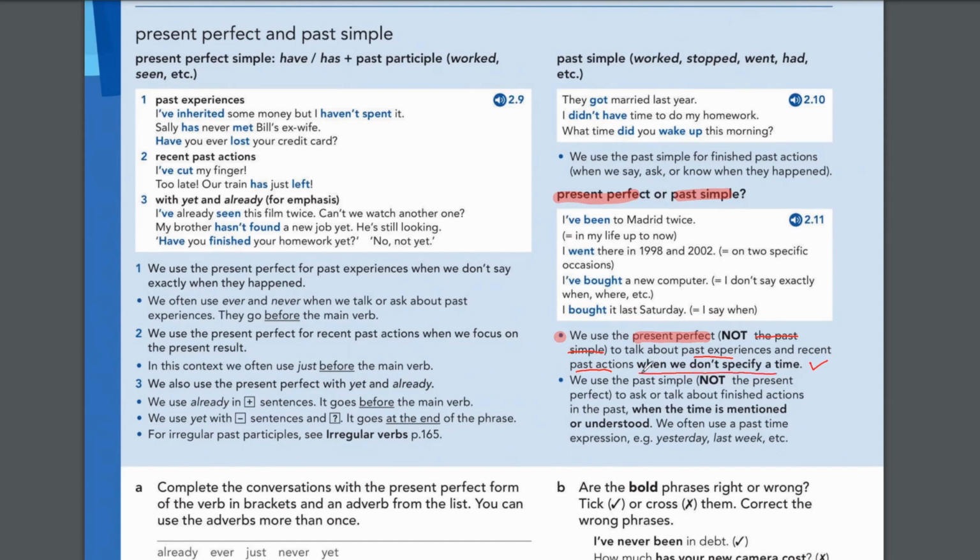When we don't say the time, and time is not important for us, but the action itself or the experience itself is more important. I would like to tell you about my life experience. This is more important for me. So we use present perfect, guys.